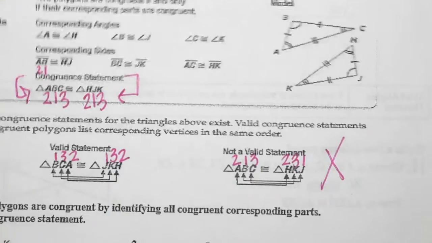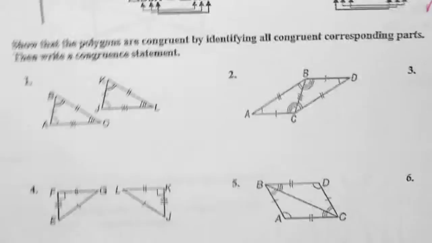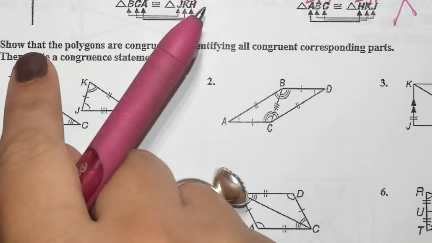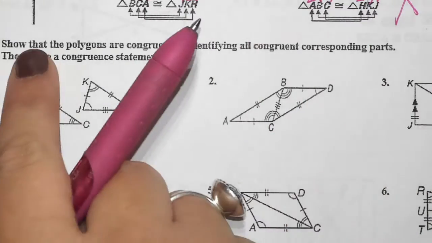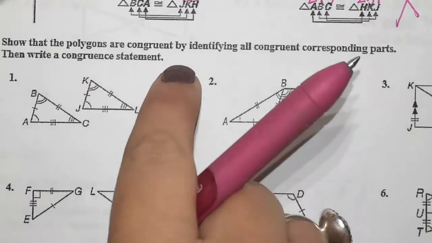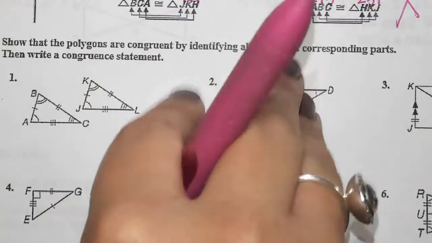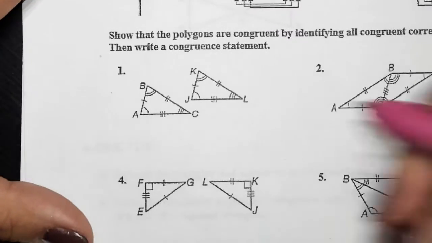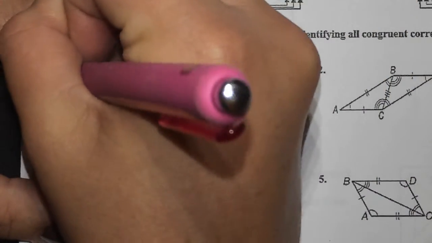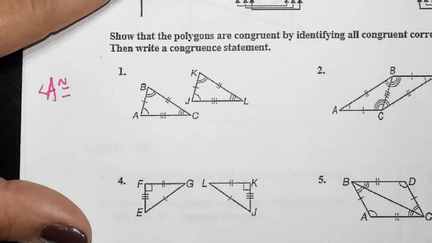So let's practice. Let's start with number 1. You have to show that every part is congruent, and then write a congruent statement. So you have to show all three angles, all three sides, and then write a congruent statement. So, let's start with angle A. What's angle A congruent to?